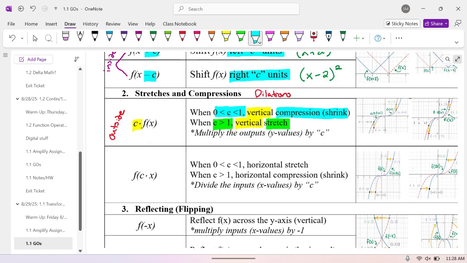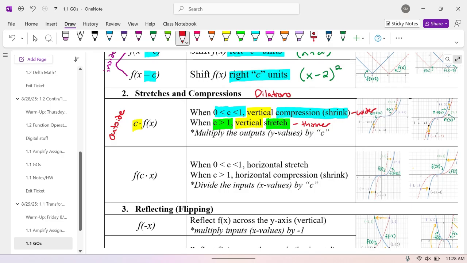Thinner. Now, back in its normal state, if I compress it vertically, did the graph get thinner or wider? Wider. So that's a way you can think about it if you want to know, okay, is it supposed to look wider or thinner? Think about a rubber band if you were stretching it vertically or compressing it vertically. All right, so if it was a compression, it'd be wider, stretch would be thinner.